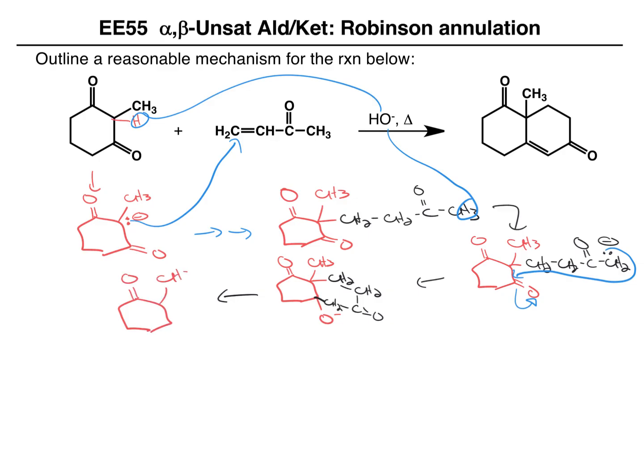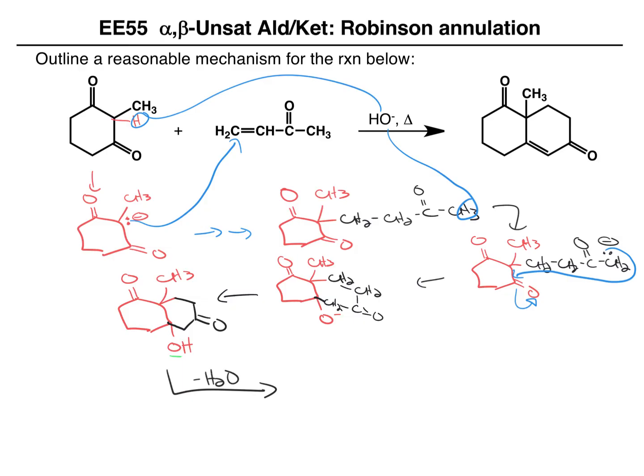And then hopefully I can draw this a little bit neater. So we have this, and that is connected to, here is our CH2, here is our carbonyl, here is our other CH2 that's now connected to that carbon. So we have our original six-membered ring and a new six-membered ring. This is still under basic conditions. We have heat. So from here, this can lose water.